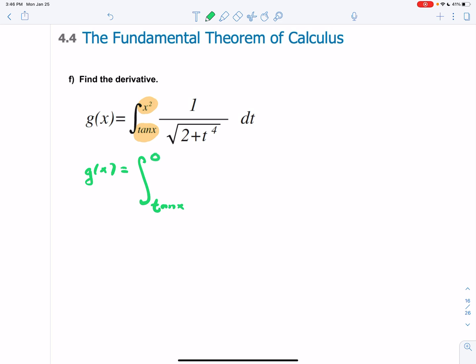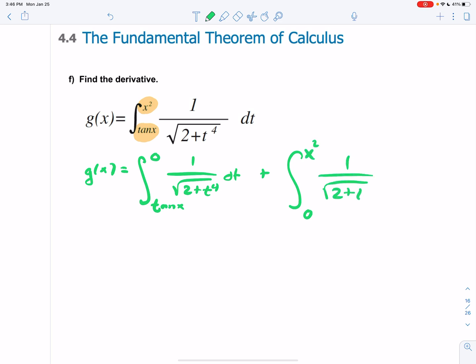I'll stop at 0 of 1 over the square root of 2 plus t to the 4th dt. Then I'm going to continue where I stopped, which is 0, all the way to x squared, of 1 over the square root of 2 plus t to the 4th dt.